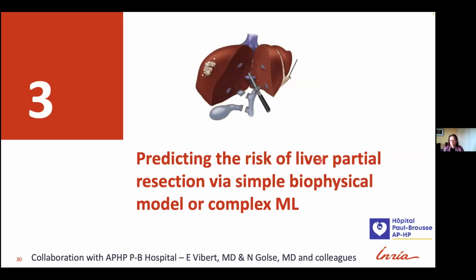And this part is now more connected to what Marie said at the beginning, so to surgery. To treat some cancers or other chronic diseases, surgeons perform, for example, a partial hepatectomy. So they remove parts of the liver, and there is a certain risk associated with that.